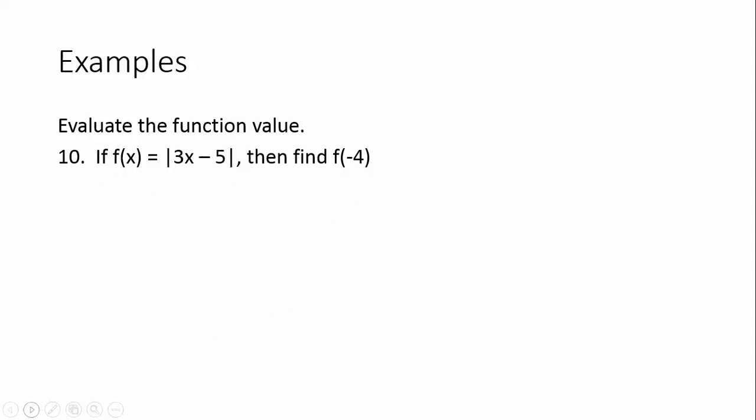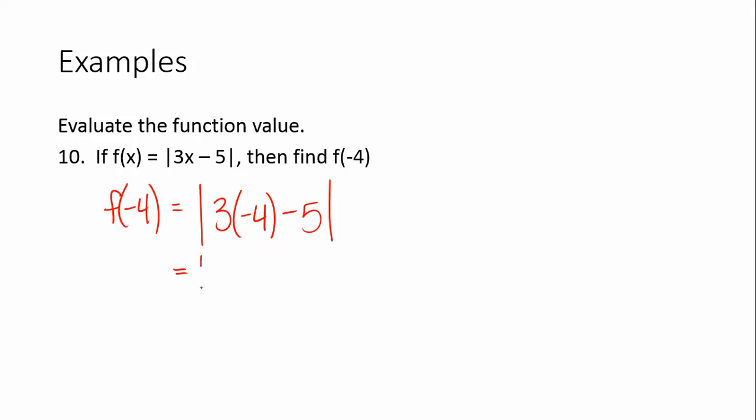Let's look at absolute value. It's probably been a while since you've worked with absolute value, but now our input is -4. So when we input a -4, that says take 3 times -4 minus 5, and then take the absolute value. Remember, you take the absolute value at the very end, because an absolute value in this case acts like parentheses. So you work inside out.